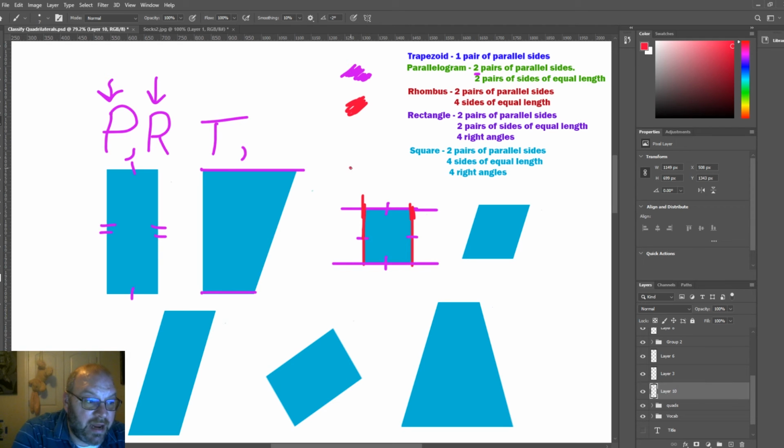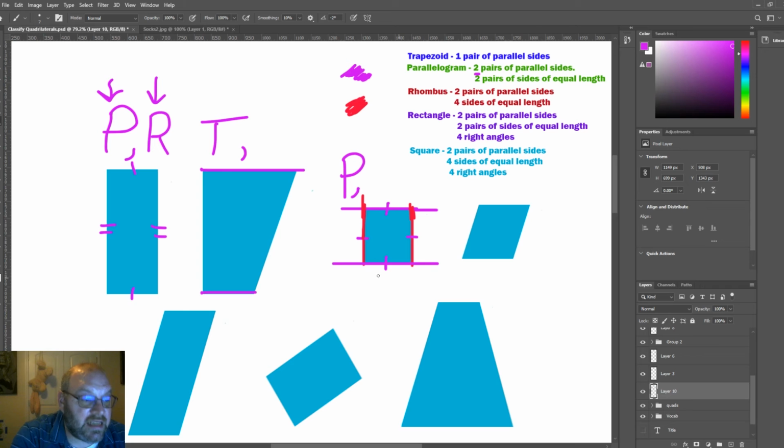So it is a parallelogram. Let me put that in purple to be a little consistent here. So that is a parallelogram. Even though all four sides are equal, it still has two pairs of equal sides. Okay? Rhombus. Is it a rhombus? Two pairs of parallel sides.